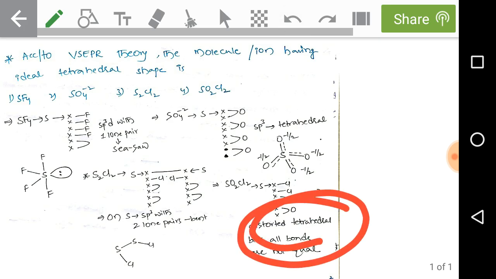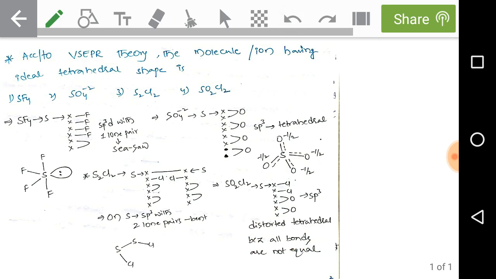A distorted tetrahedral structure is observed for this species. Whenever all the groups or atoms are the same, it is completely tetrahedral, but here the atoms are different, so we say it is distorted tetrahedral due to repulsions between the oxygens and chlorines. Bond angle deviations can be observed. That's why the structure is distorted tetrahedral for SO2Cl2.